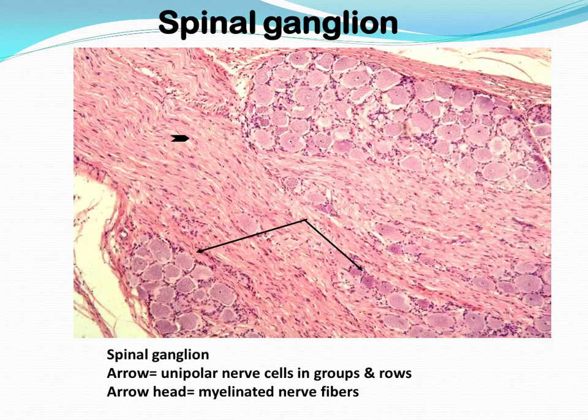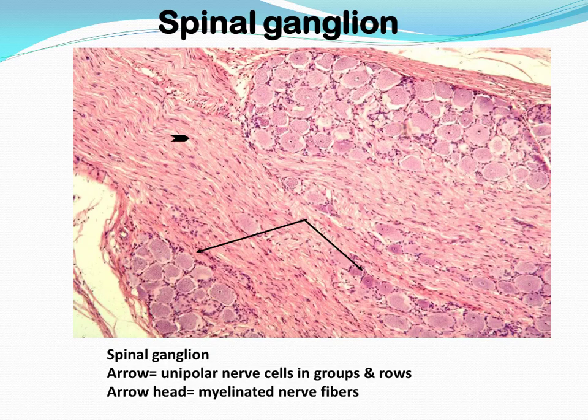And this is very peculiar to the spinal ganglion, differentiating it from the sympathetic, in which the cells are scattered in the whole ganglion. After that, the cells here appear to be rounded because they are unipolar cells. They have one process that divides into two branches, one long branch to bring the sensations from the skin, and one short to carry this sensation to the spinal cord.